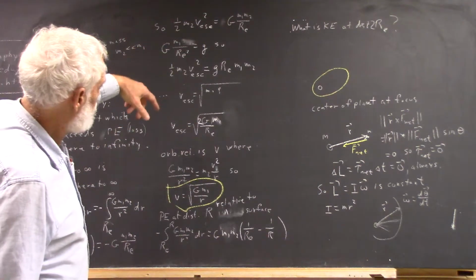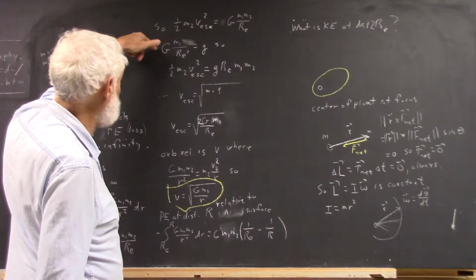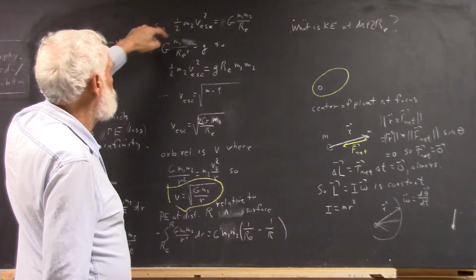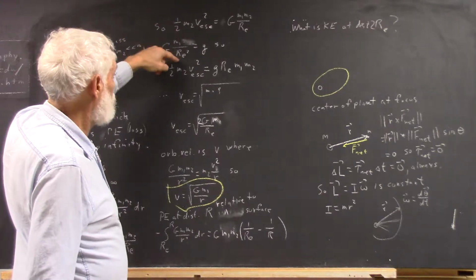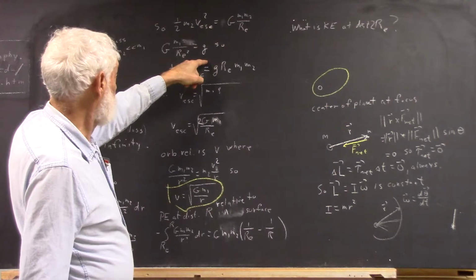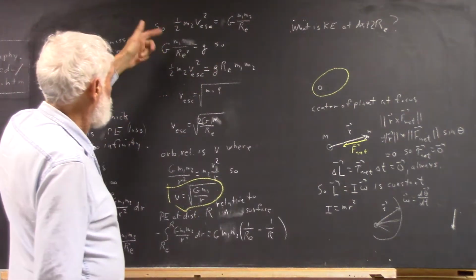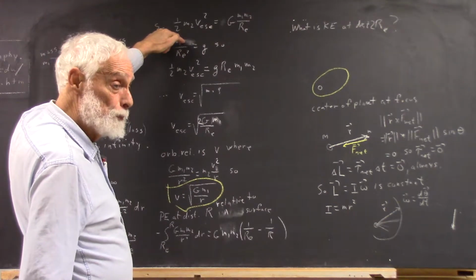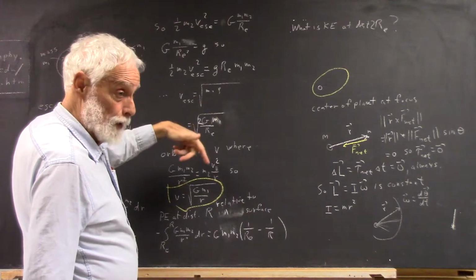Excuse me, I had to hesitate there and remind myself of why I did this. It's been a couple of days. This is what we know. We know that G times m1 over the radius of the Earth squared is gravitational acceleration. We know that because the gravitational force on mass m2, which I've erased, would be equal to the force on that mass.